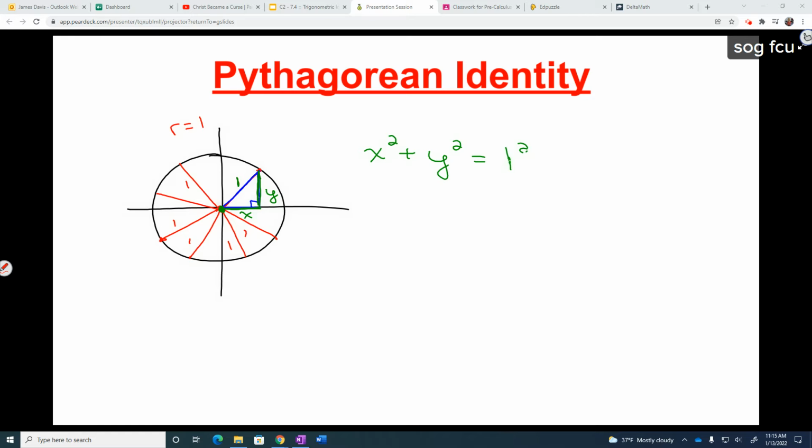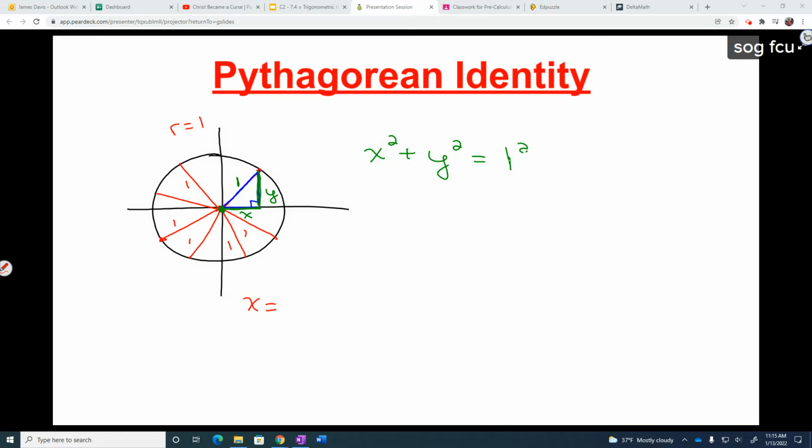So let's take another thing that we know. With the unit circle, we know that x equals what? At 45 degrees it would be root 2 over 2, but I'm just saying this doesn't have to be a 45. But x is equivalent to one of the trig functions. X is cosine.